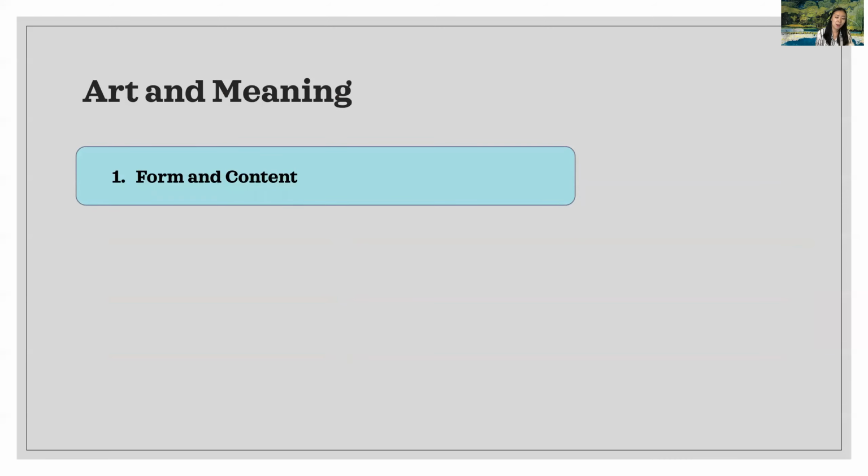Now let's talk about art and meaning. Art is always about something. One brief definition of art is embodied meaning. And understanding art is a cultural skill and must be learned.